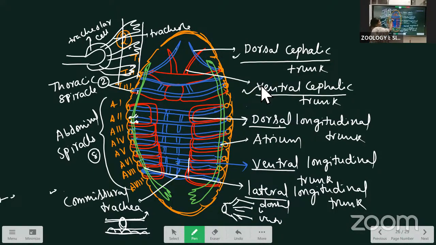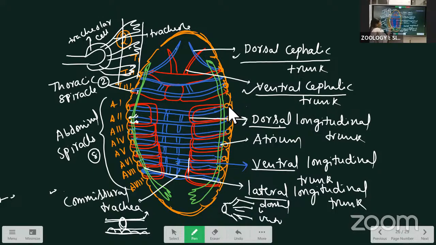In the abdominal region, each and every spiracle opens into the dorsal trachea, ventral trachea, and lateral trachea. All the dorsal side trachea combine and form a dorsal longitudinal trunk. All the ventral trachea combine and form a ventral longitudinal trunk, and the lateral side also combine and form a lateral longitudinal trunk.